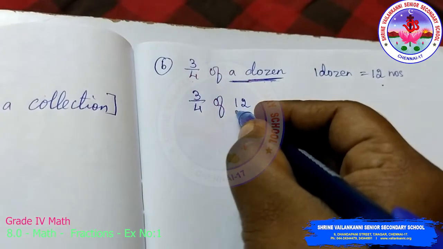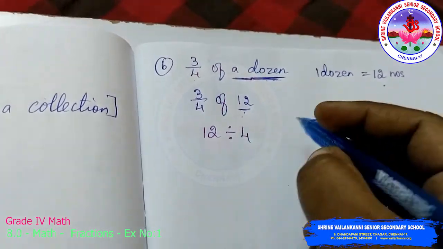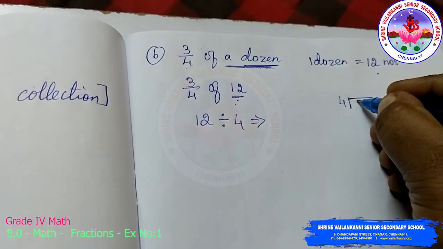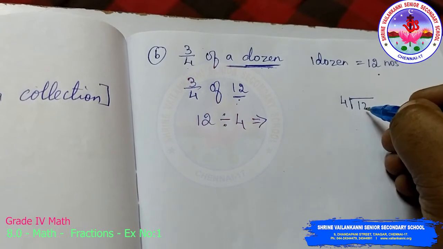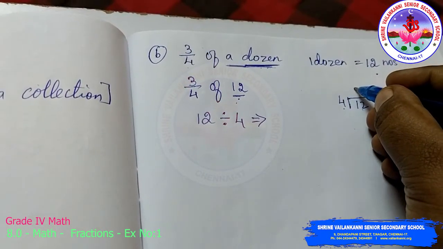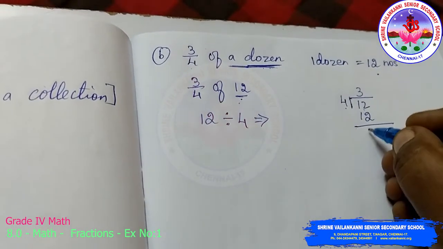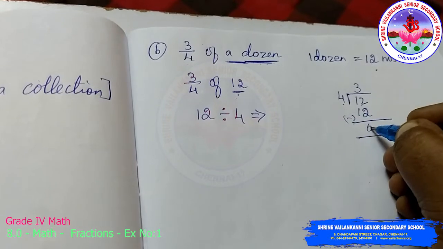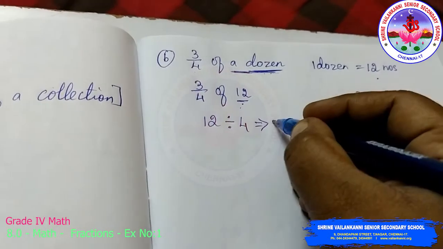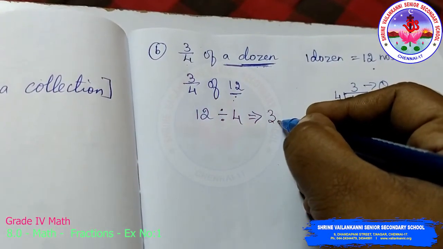Now this 12 has to be divided by 4. 4 is the divisor, 12 the dividend. How many times does 4 go into 12? 4 threes are 12. You subtract, 0 will come. So now this quotient is the value here. Do I want to stop here?